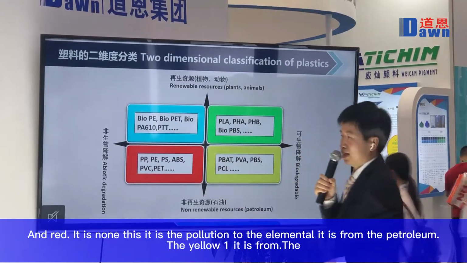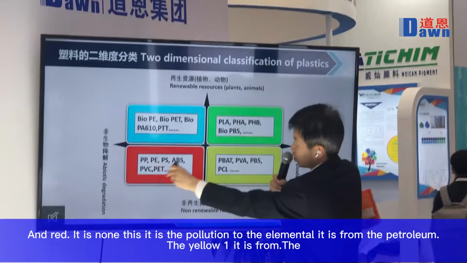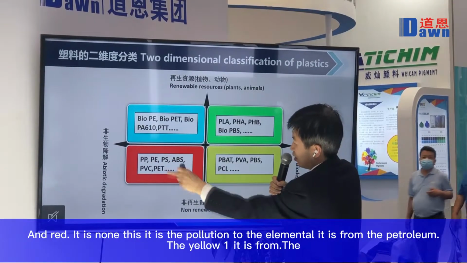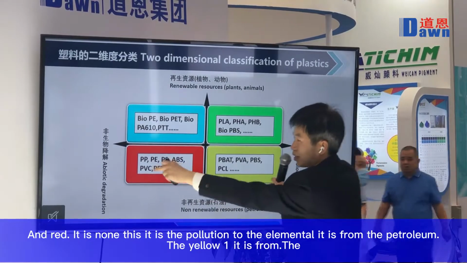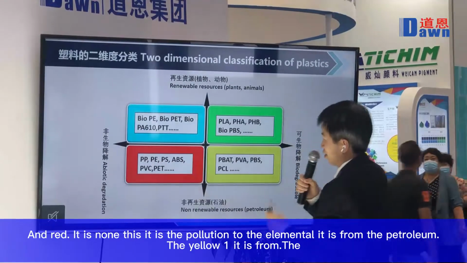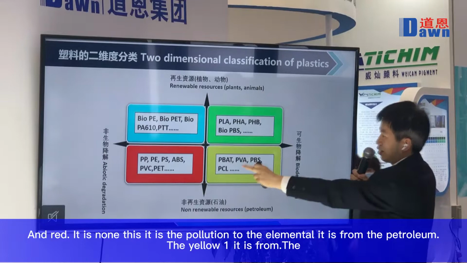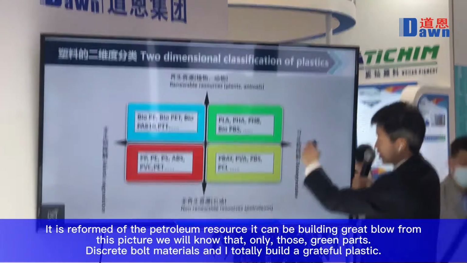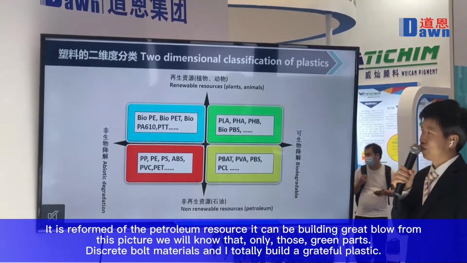But the blue and the red are polluting to the environment. They are from petroleum. The yellow one is from petroleum resources, but it can be biodegradable.